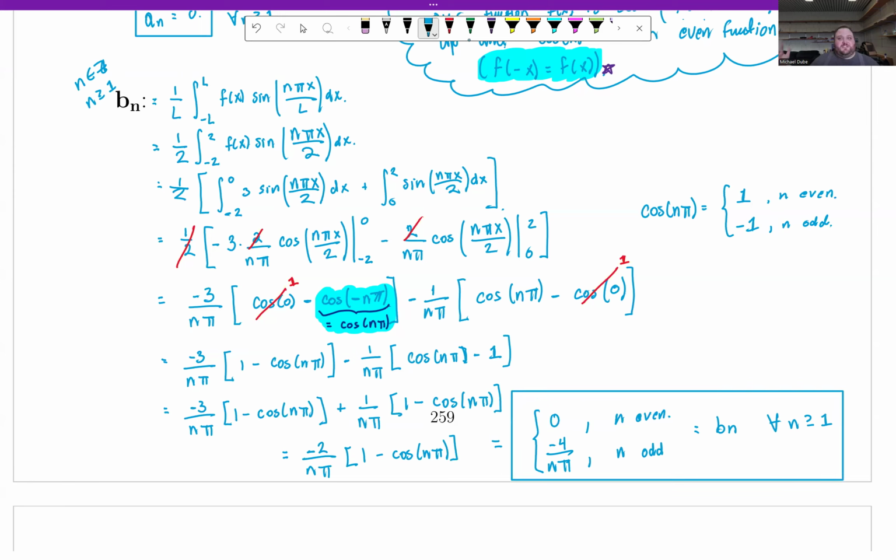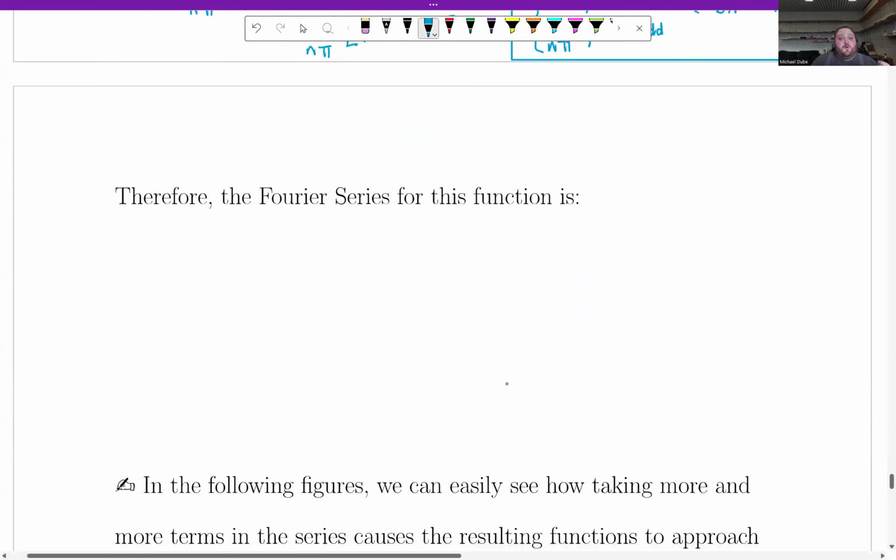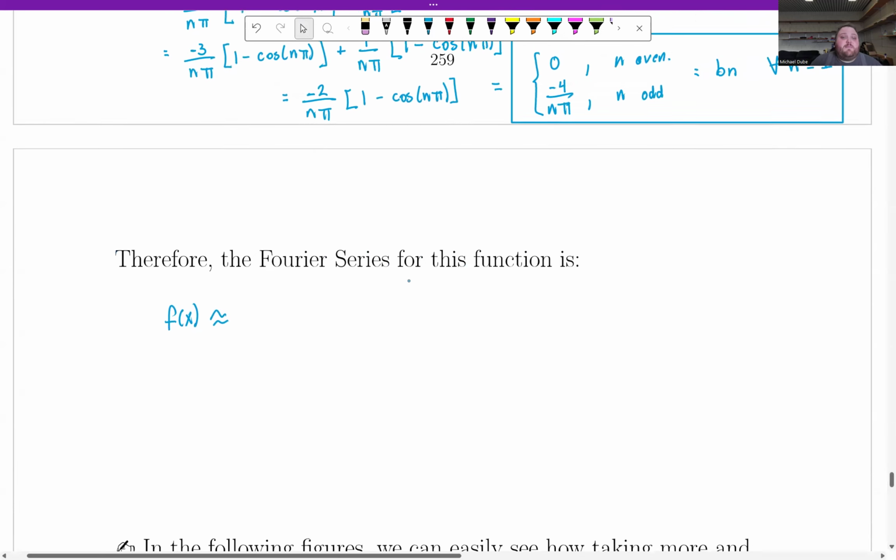Okay, we're so close. Let's bring it all together now. Therefore, the Fourier series for this function is f of x is approximately equal to, okay? Remember, a naught by 2. Let me write out the full formula first here. So we have a naught by 2 plus the sum from m equals 1 to infinity of am times, what was it?